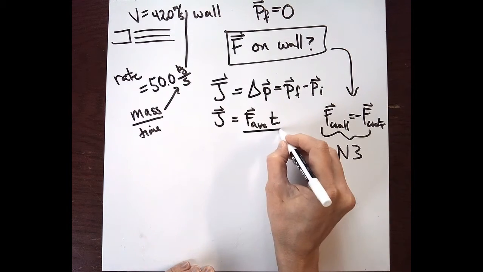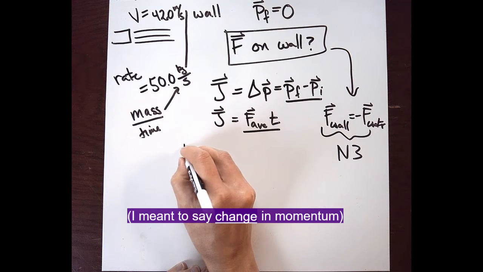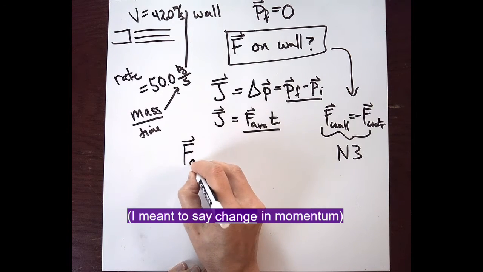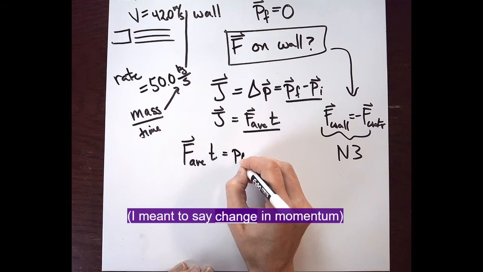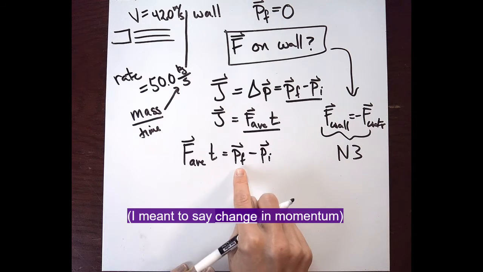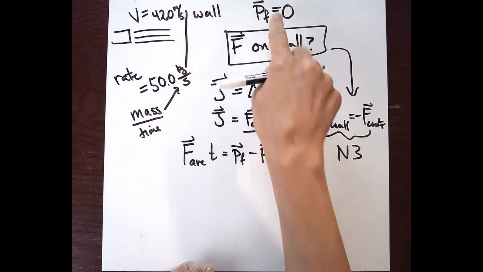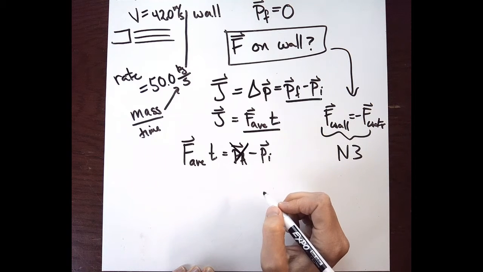So let's take this definition and that definition of impulse and set them equal to each other, because they're both momentum. So the average force multiplied by the time is the final momentum minus the initial momentum of the water. The final momentum is equal to 0, so let's just write that in. It cancels out, it's 0.